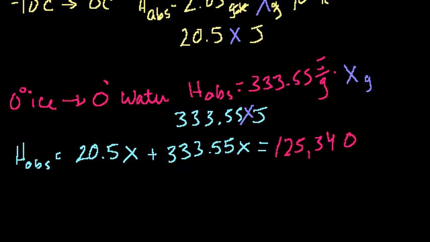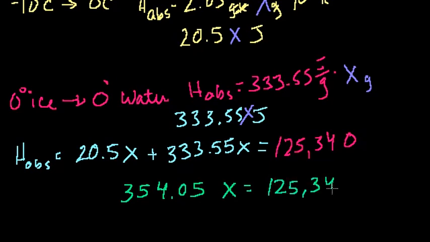We can do a little bit of algebra here. Add these two things: 20.5x plus 333.55x is what? It's 354.05x. Is that right? Yeah, 330 plus 20 is 350. Then you have a 3, but then you have a 0.5 there. Yeah, 354.05x. That is equal to the amount of energy we take out of the water.